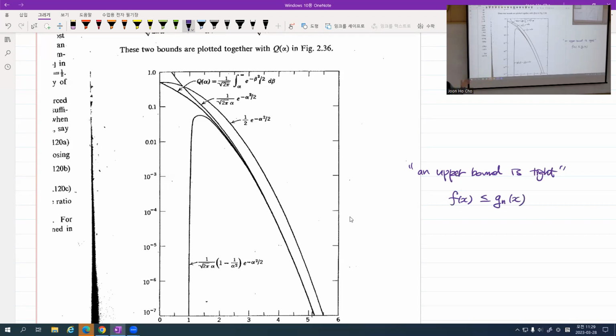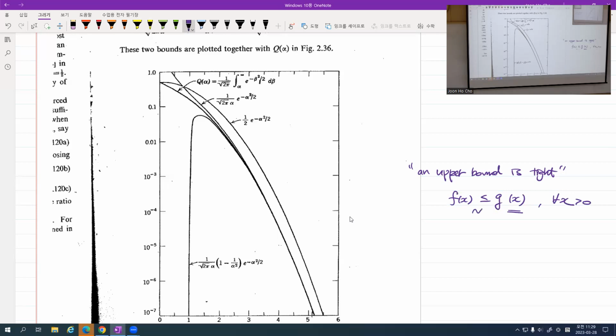N is usually a natural number. And if you increase n, or if you don't have a parameter, in that case usually you increase the argument. So in this case, for example, for all x positive, you have this inequality.